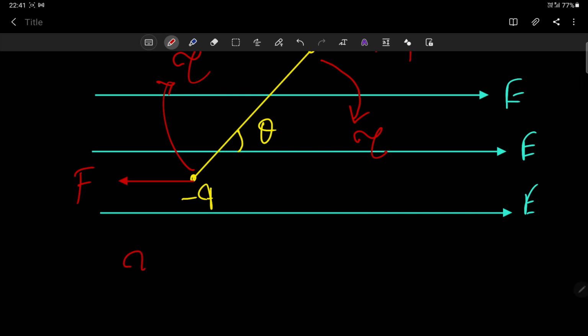The value of torque on a dipole inside a uniform electric field is equal to PE sin theta. Where P is the dipole moment, E is the electric field, and theta is the angle between the dipole moment and the electric field.